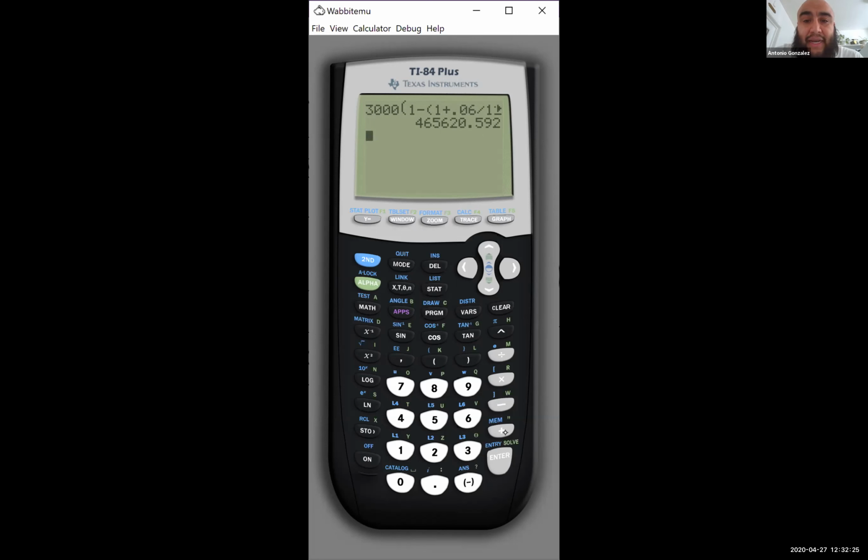And then I arrive at this solution. That means that in order for me to live off $3,000 a month for 25 years, in an account that earns 6% interest, I would need to start off with the following quantity, $465,000. So let me switch over here.